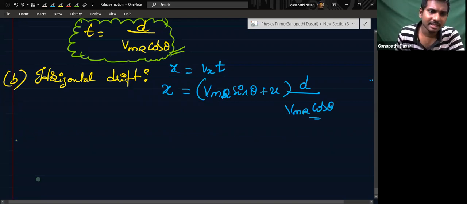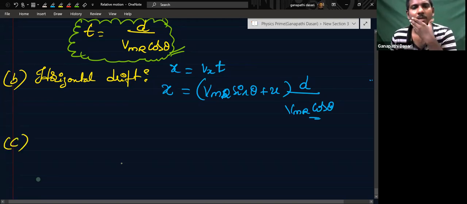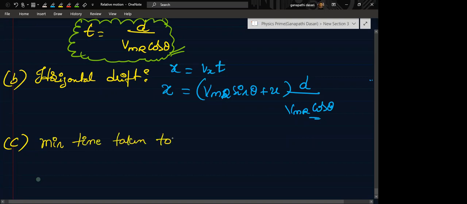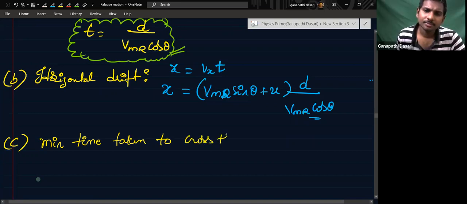Then the third thing is the minimum time taken. What will be the minimum time taken to cross the river?